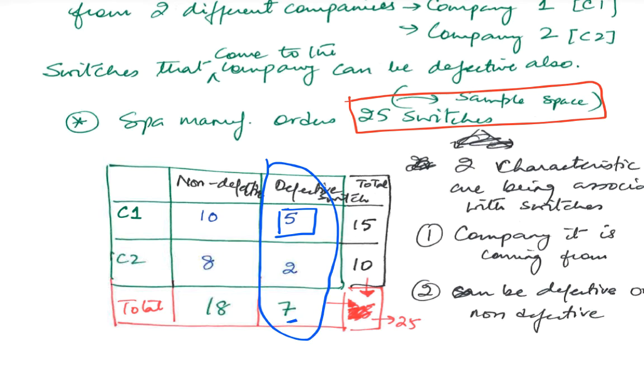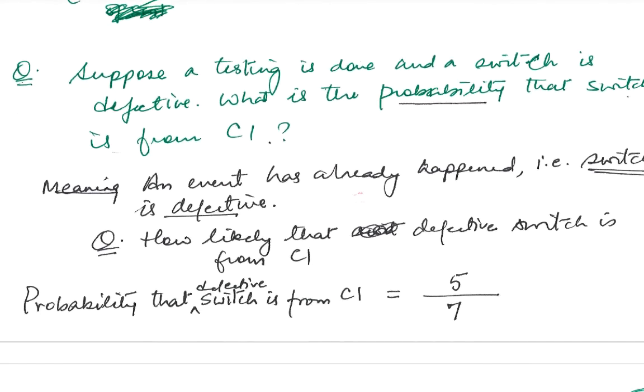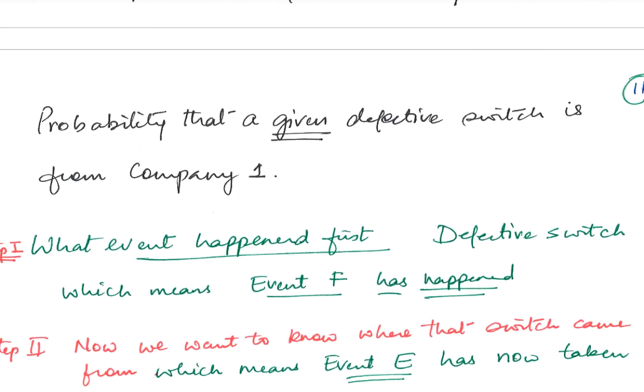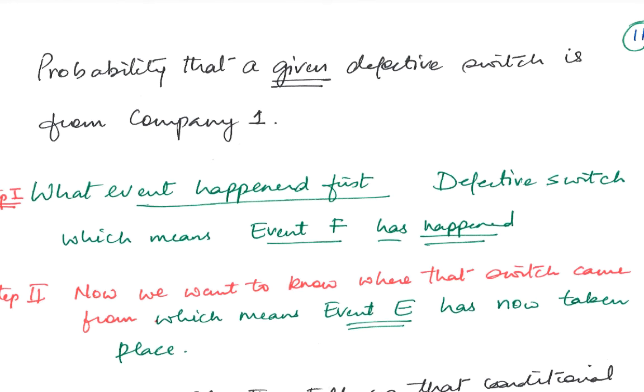But suppose I want to apply the stats we have learned, the probabilities. So let's go through that process stepwise. The probability that a given defective switch is from Company 1.